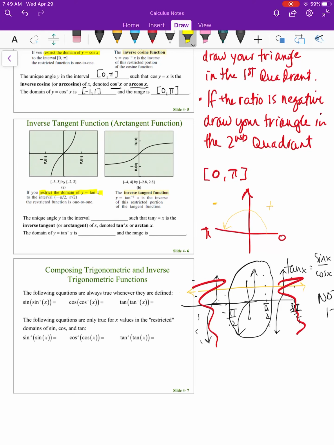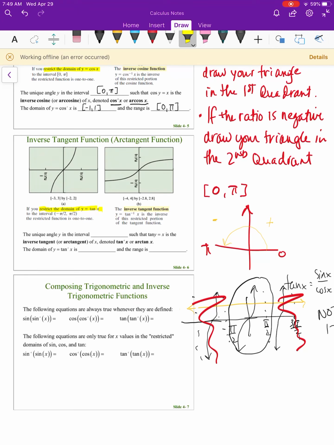So if you look here, it says restrict the domain to get your inverse tangent. So this one is your y equals the tangent of x. This one is y equals inverse tangent of x.